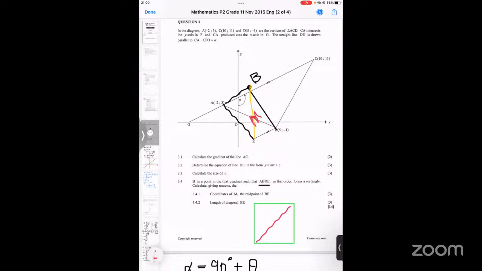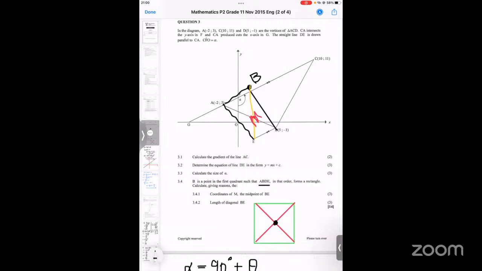Diagonal lines are those lines inside which go corner to corner. You must just know that they share the same middle point.